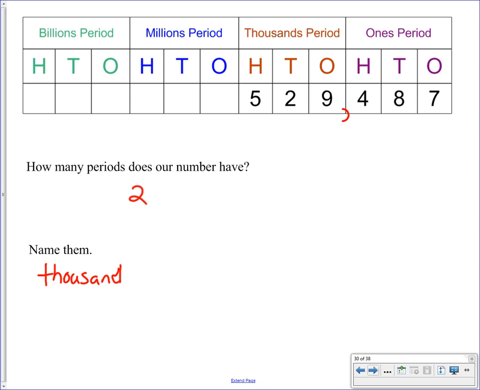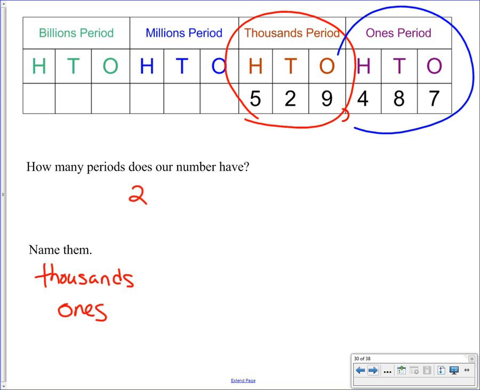That's a horrible D. Sorry. Let's rewrite the whole word. Thousands and ones. You can see up here, here's our thousands period, and here's our ones period.